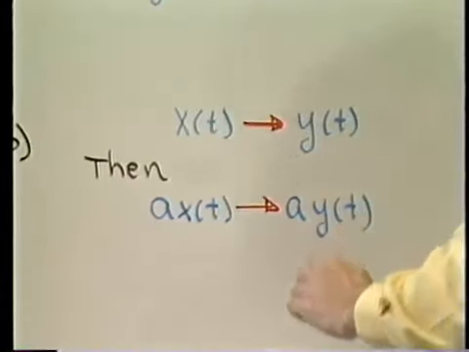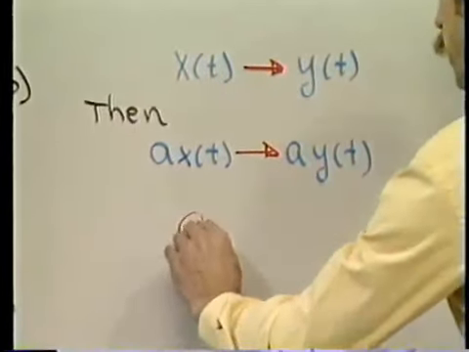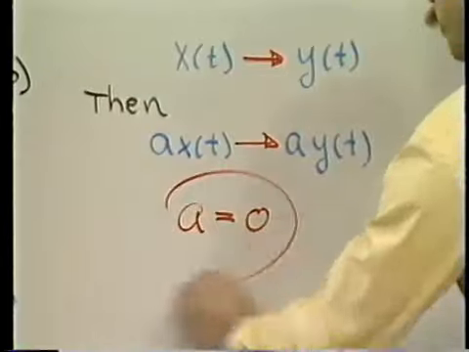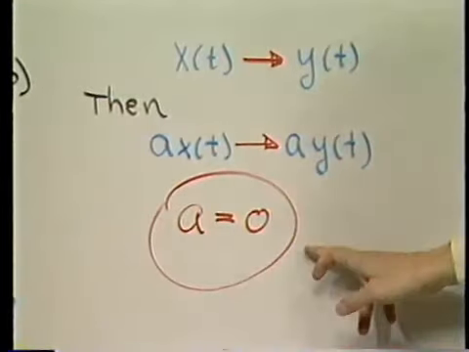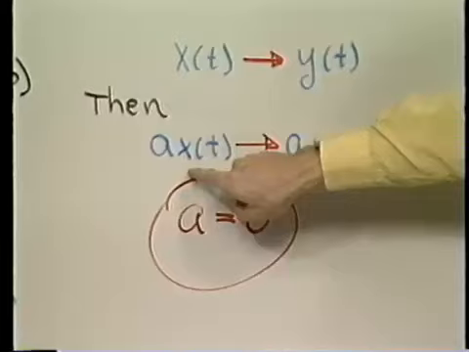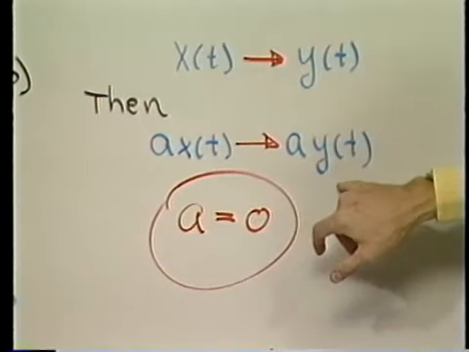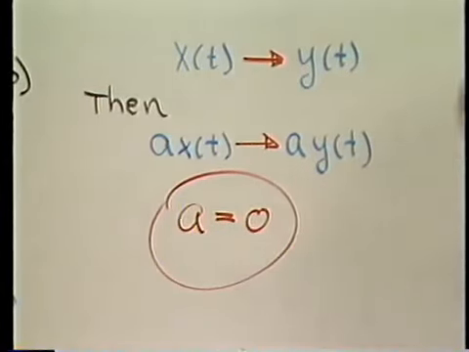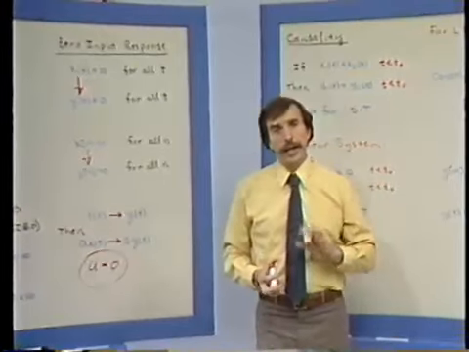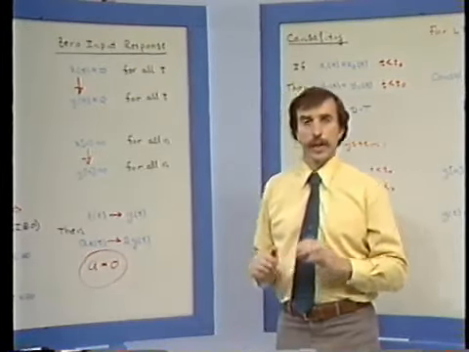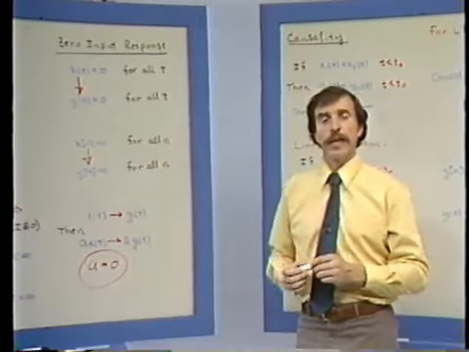Well, we can simply choose as the scale factor a equals 0. And if we do that, it says put nothing in, you get nothing out. And we'll see that that has some important implications in terms of causality.